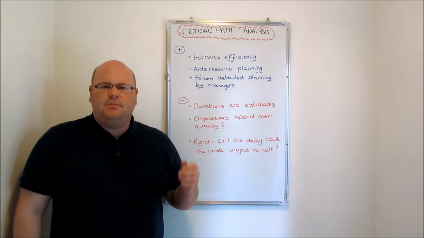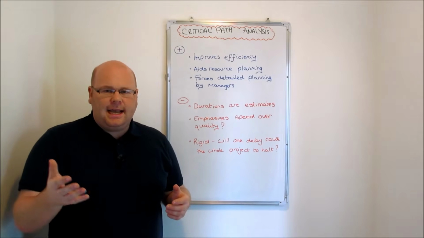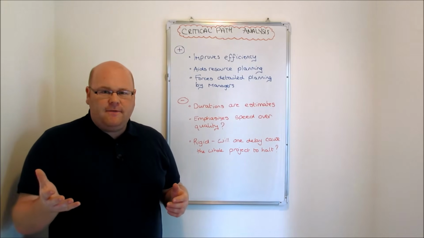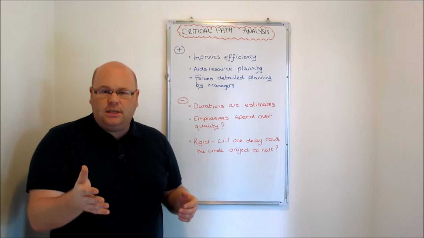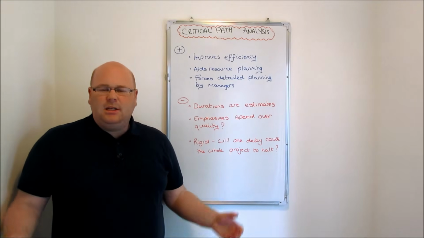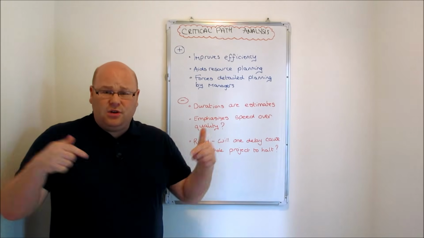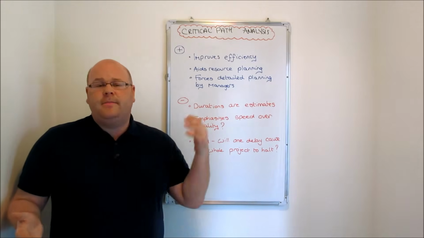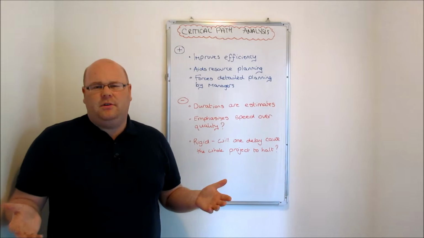Critical path analysis prevents that. It's going to go into some detail about the planning that's going to be involved. Everybody involved in the project is going to have their say about the resources that they're going to require. It's going to lead to more collaboration. It's going to lead to more communication. It's going to lead to more internal synergies inside the organization. And that can obviously be of positive benefit to the organization.